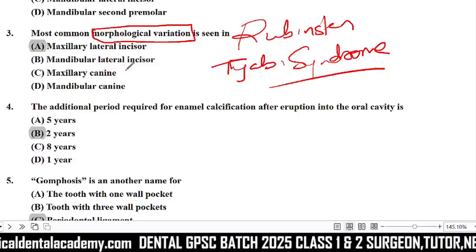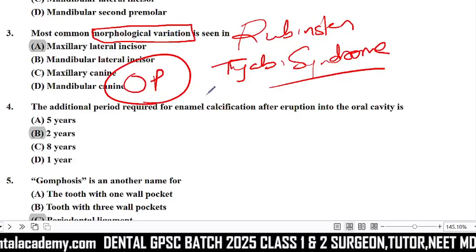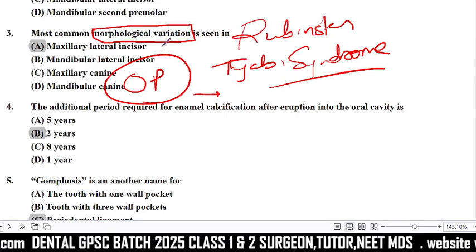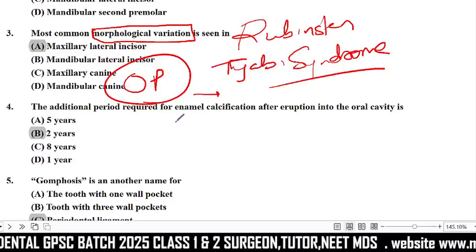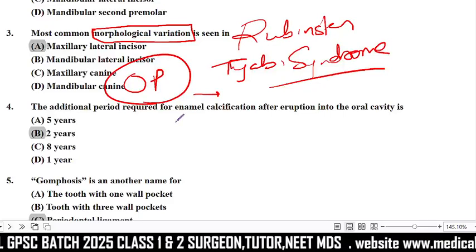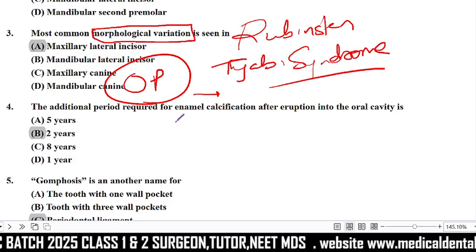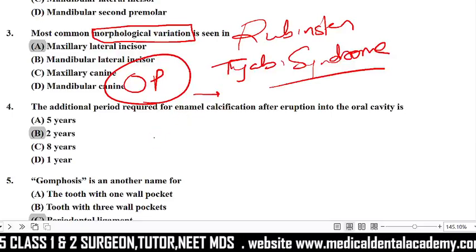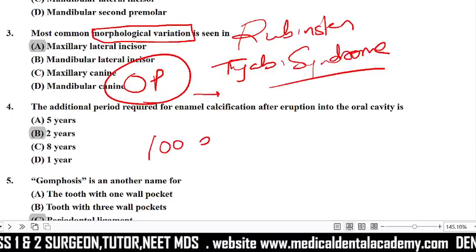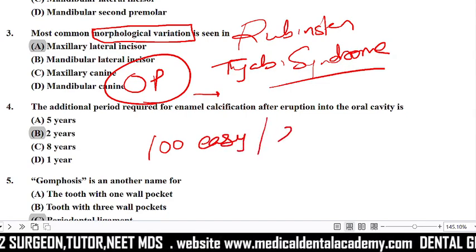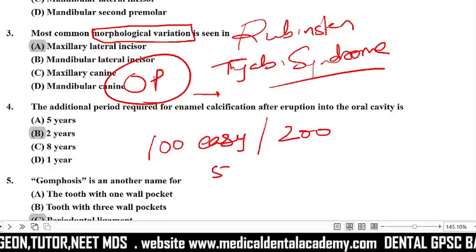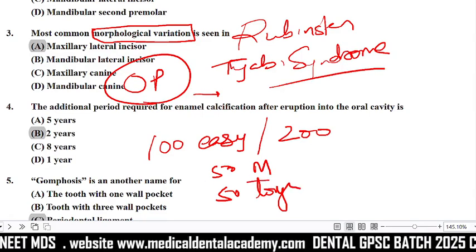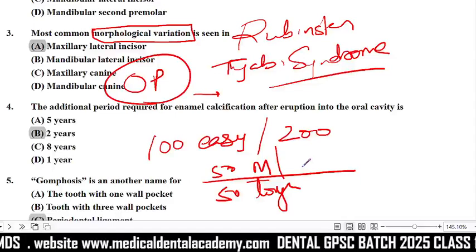Such syndromes, questions, or something special regarding a tooth or gingiva, all these topics which are very important will be asked in your MCQ exam, because these people have a pattern of asking you 100 easy questions out of 200, then 50 will be medium and 50 will be tough, which will be very difficult for you to answer.